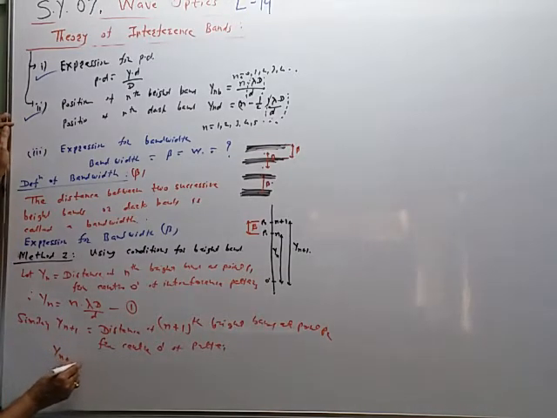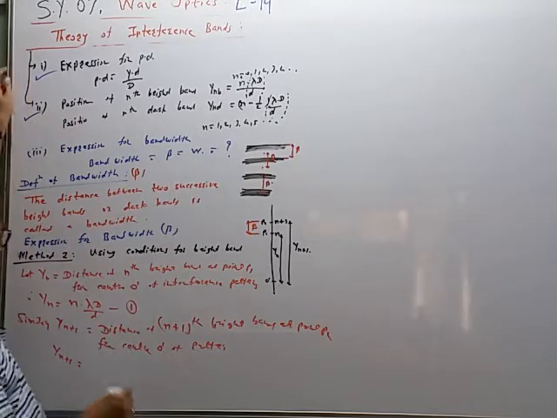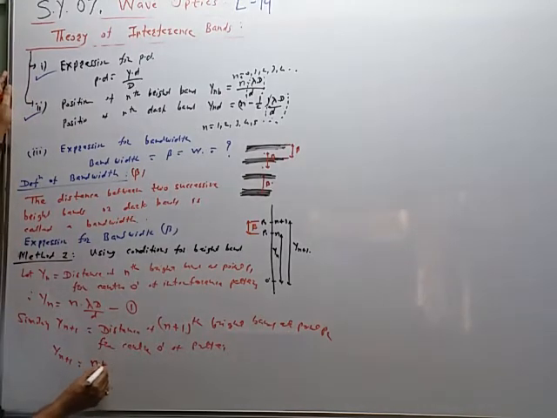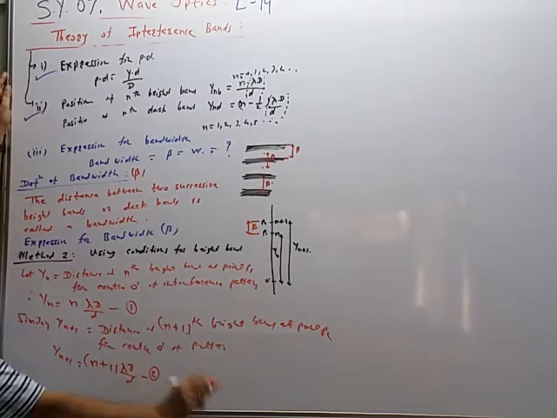Therefore, yn plus 1, again the same process, the band number first changes to n plus 1, into lambda into capital D upon small d. This is equation second.